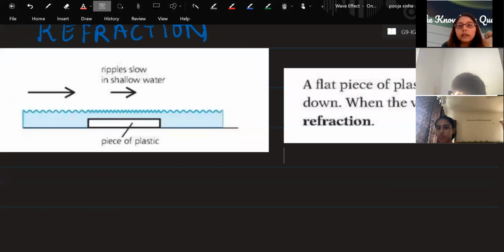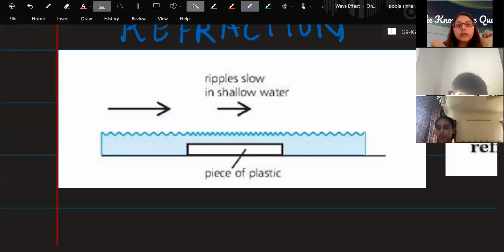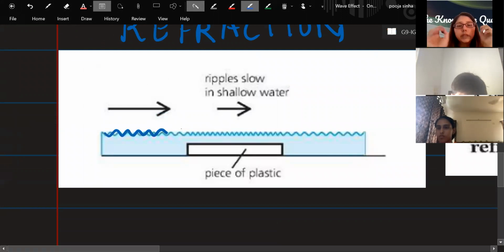Now, for you to understand here, is there any observation that you see? Do you see that the waves here were stable kind of? They were just waves like this. But from the part where the plastic started, the depth of the water was less, because of the presence of plastic. Here the depth is more.